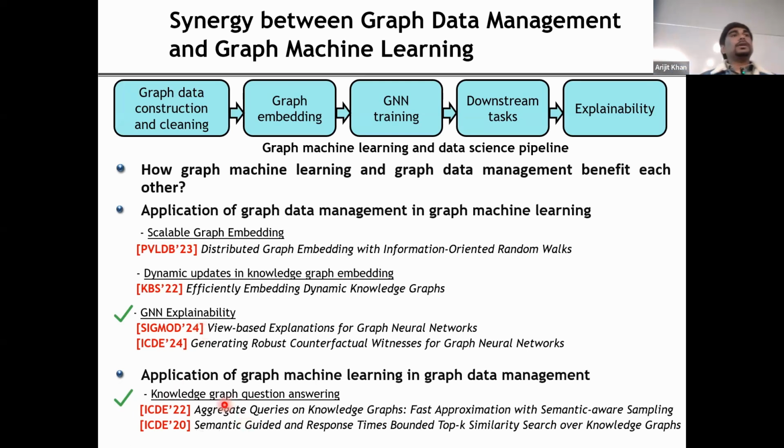And then in the other direction, how machine learning can help in graph data management. Well, for the data management people, query processing is very important, right? We often write queries in SQL, SPARQL, etc., to query different types of data, such as relational data, graph data. Now, machine learning can help because many times these data are noisy. They often do not have any standard schema.